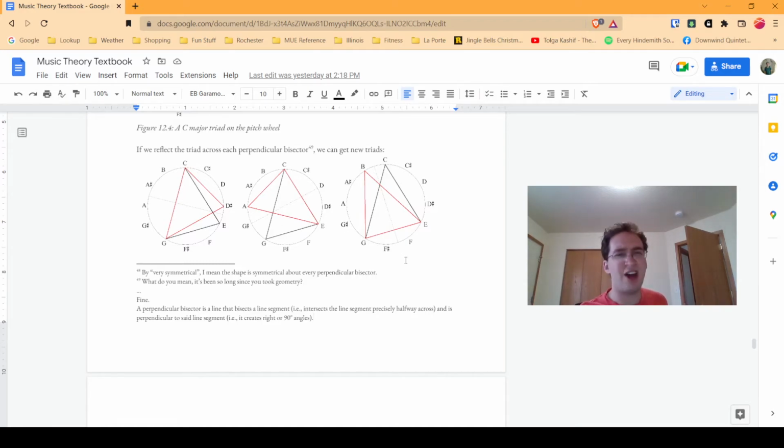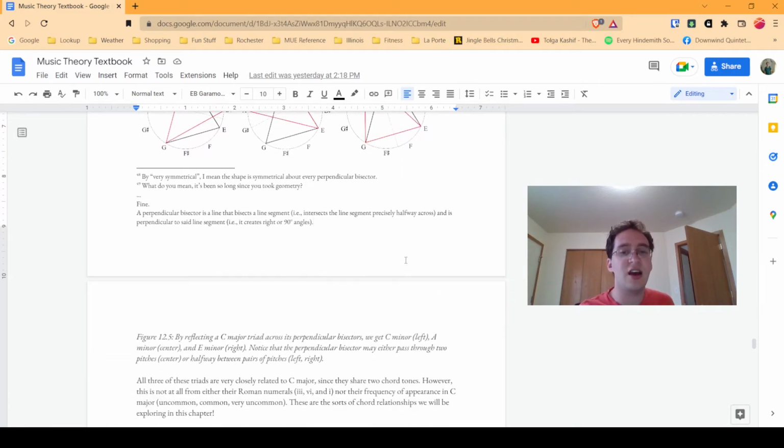Minor 1, not super common in major keys. And it's also not their frequency of appearance. So these are the sorts of chord relationships that we'll be exploring in this chapter. They're closely related, not because of Roman numeral properties or key properties, but because of the properties of the triads themselves. So, see you next time for another visualization.